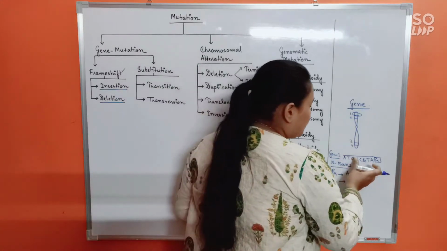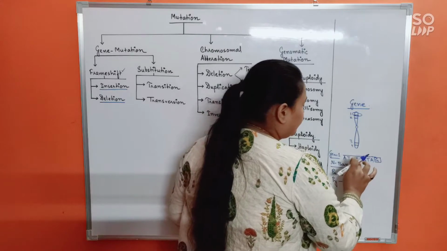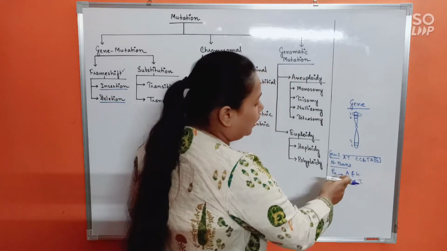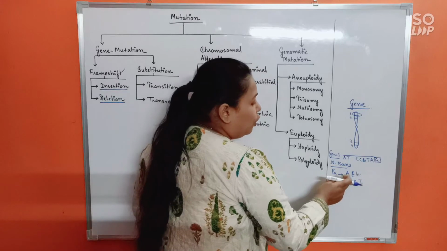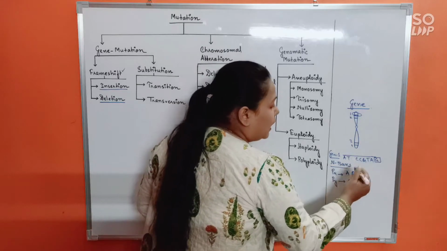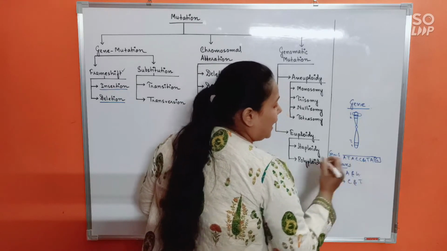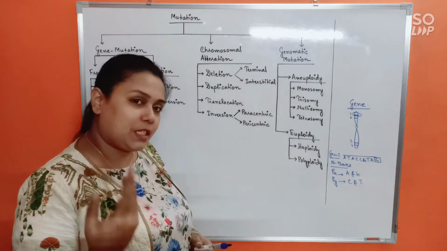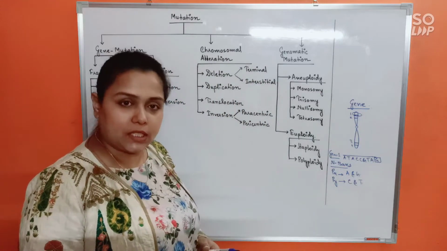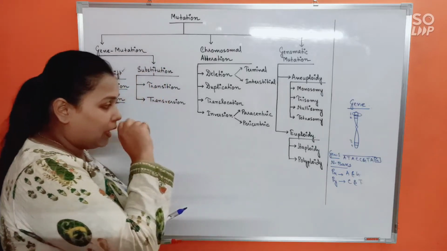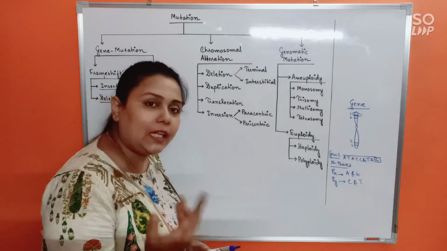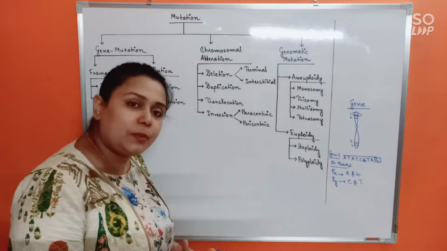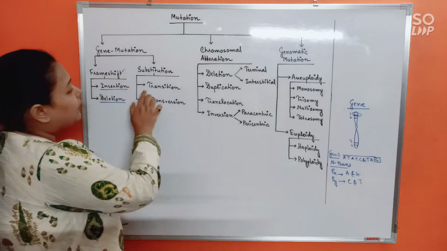Like, suppose G. G is what? A purine, isn't it? So in place of G, if an A comes here, what is happening? A purine has been substituted with another purine, isn't it? So if a purine gets substituted with another purine, or a pyrimidine with a pyrimidine, we will call it transition.